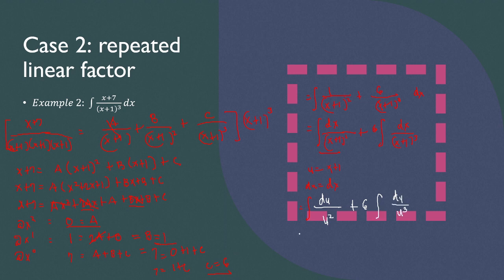If you rewrite that, that's the integral of u to the negative 2 du plus 6 u to the negative 3 du. So this is u to the negative 1 over negative 1, plus 6 u to the negative 2 over negative 2, plus c.